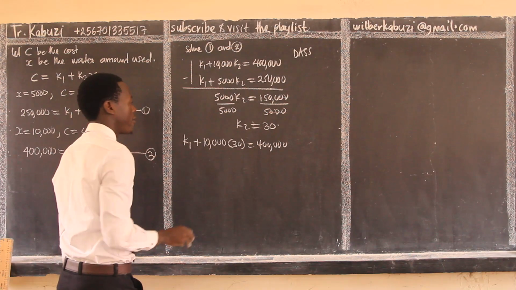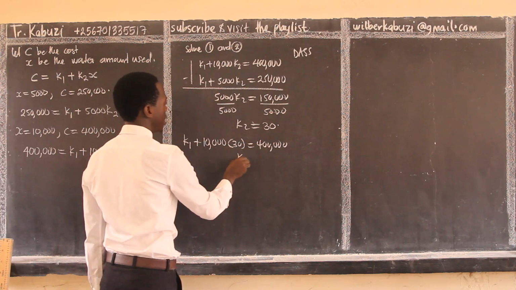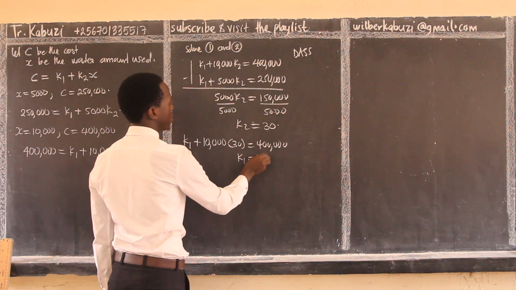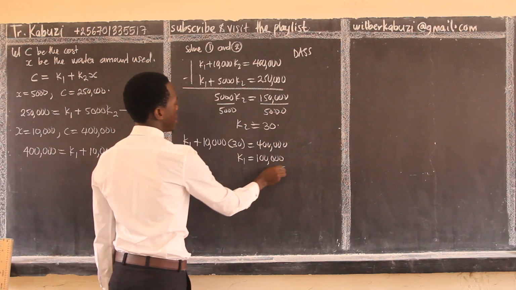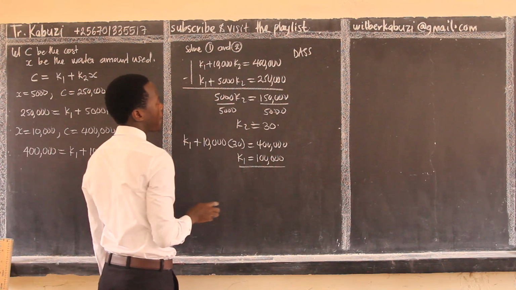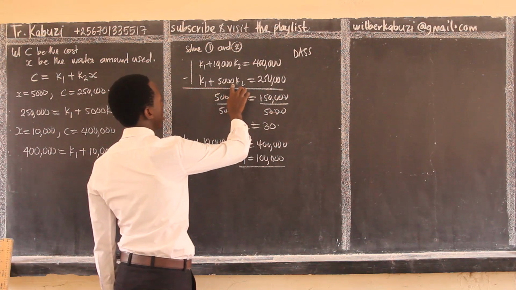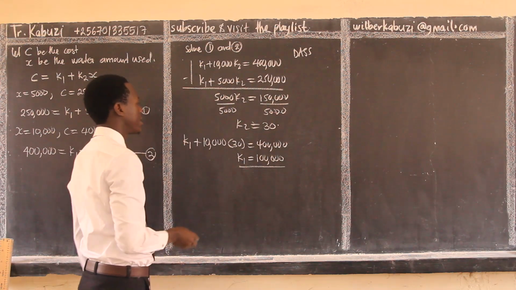So this gives me 300. Take it to the other side, now my K1 is 100. If you put it in the first equation, take it to the other side, you'll get the same value.